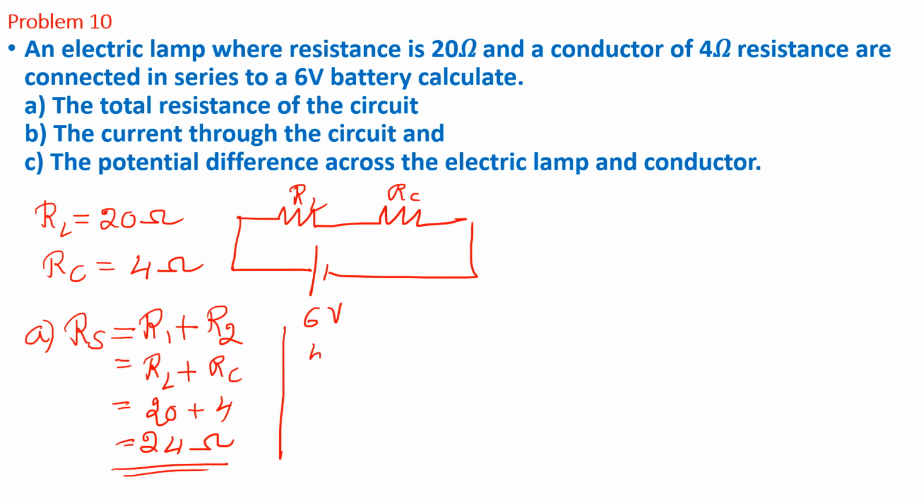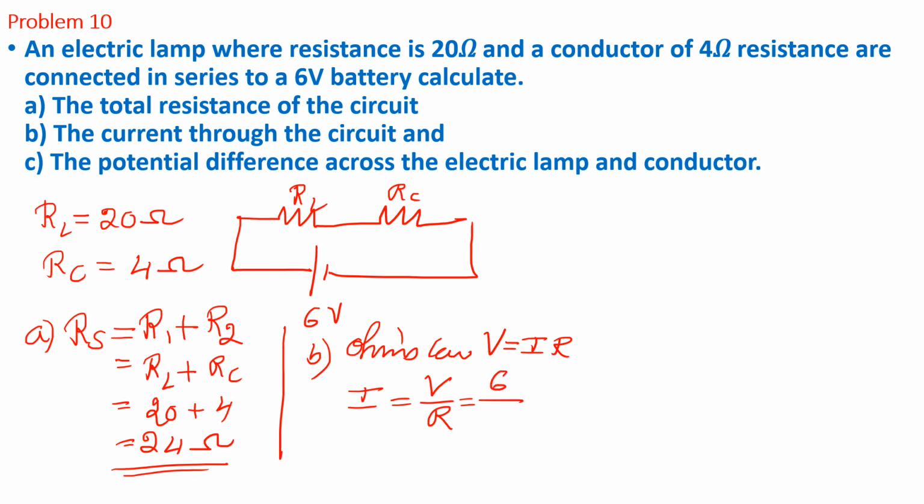What is the answer for the second sub question? That is B, the current through the circuit we need to find out. What is the formula? From Ohm's law, there is a law called Ohm's law that says that V is equal to IR. So how to find out the total current? We need to find out I. Current is nothing but I. I is equal to V by R. V is given here, that is 6 volt battery.